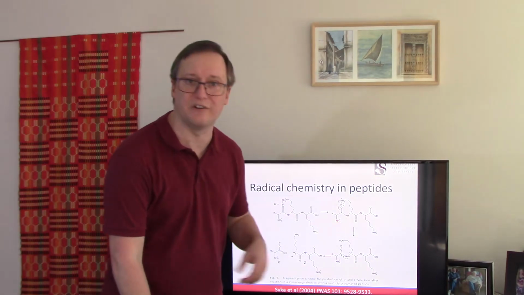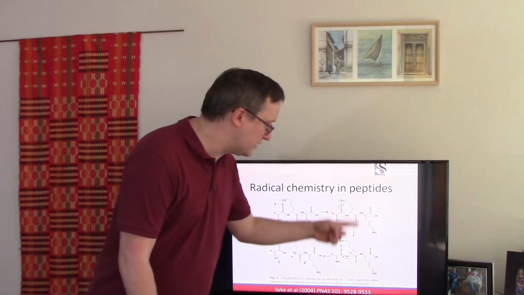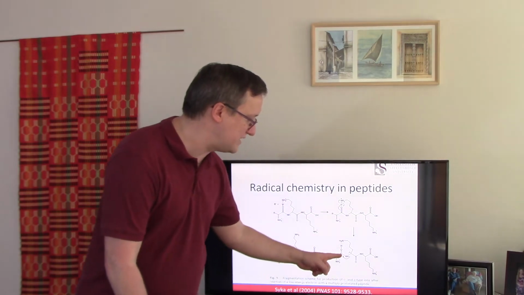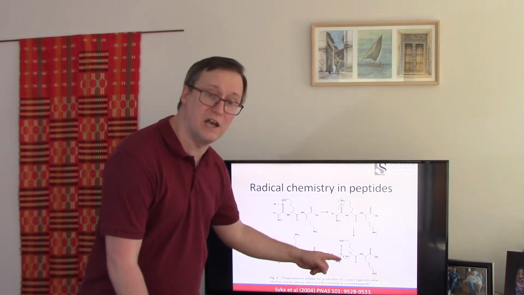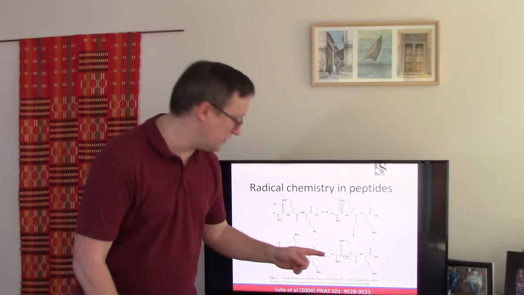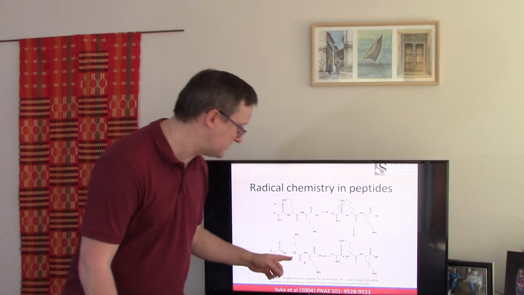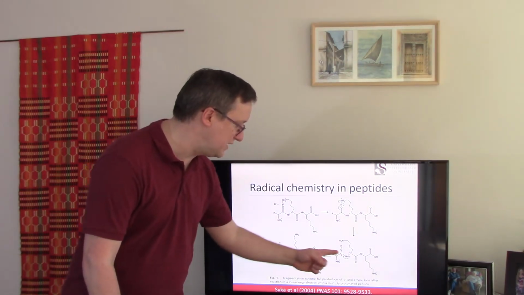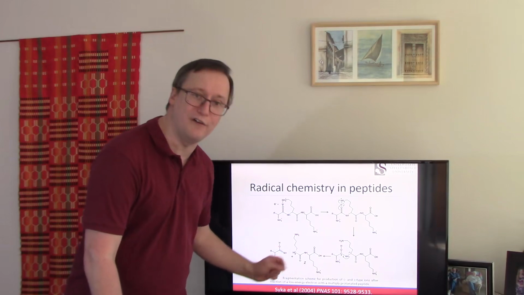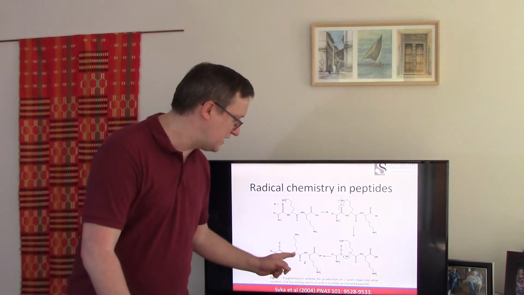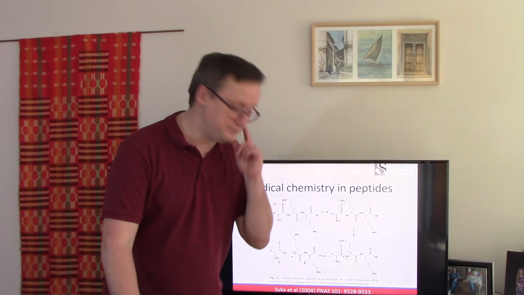You see this little dot here, that's our symbol for that. This radical position can transfer around until it eventually sits at what was previously a carbonyl. And once this happens, we find that a breakage between the nitrogen and the alpha carbon has taken place, where the alpha carbon is now the radical.